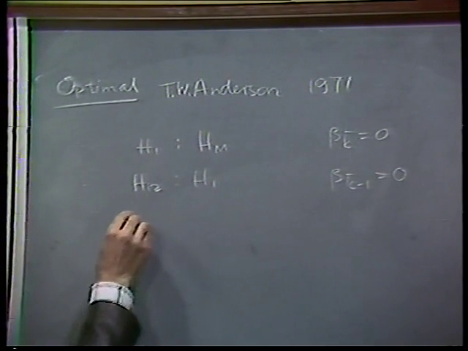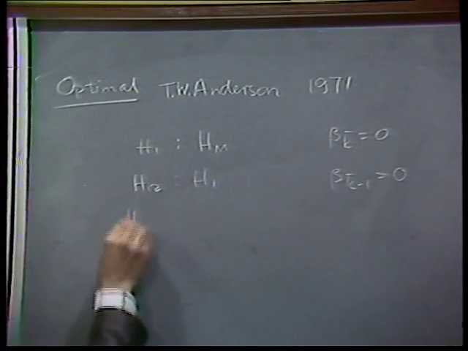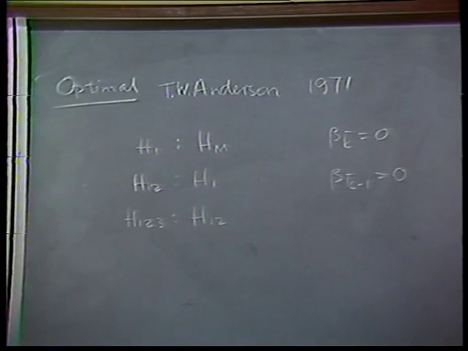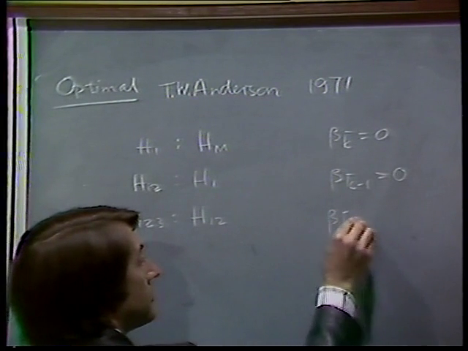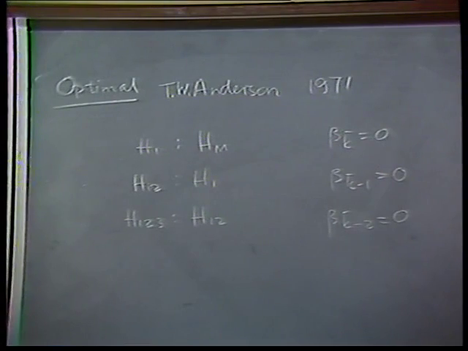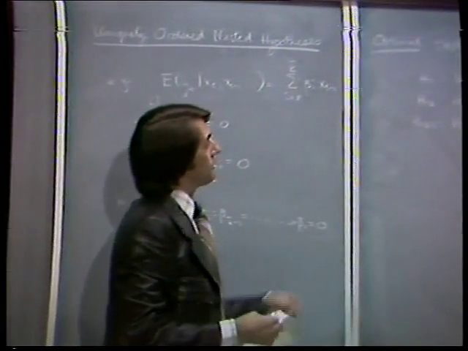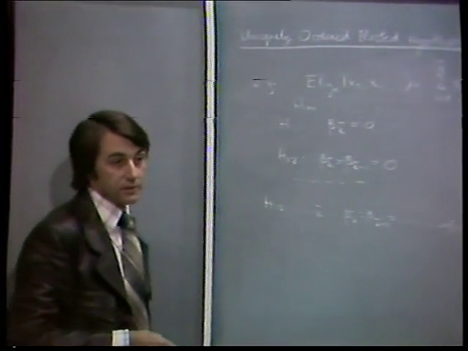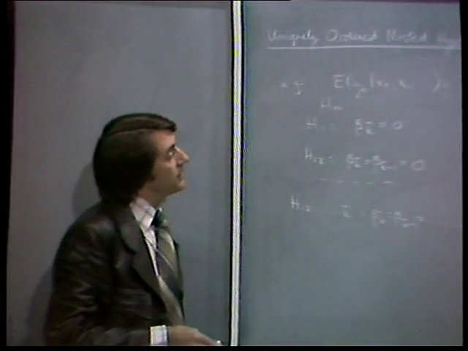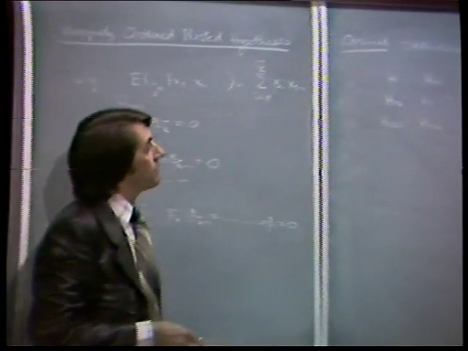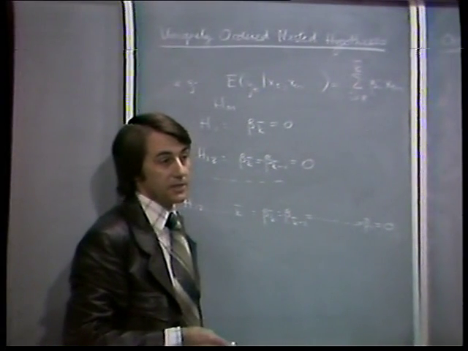The next test, if this is not significant, is H123 against H12. And that is equivalent to testing whether beta k bar minus 2 is 0 or not. And you go on through this sequence of tests until you come against a significant result. So you get a significant test statistic. At that point, the model which is accepted is the immediately preceding one.